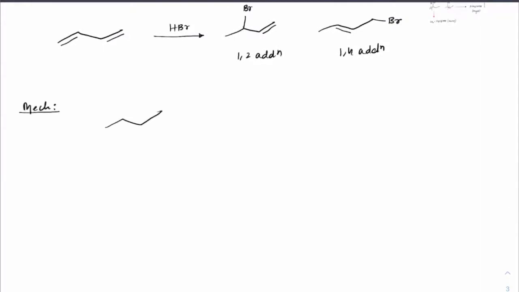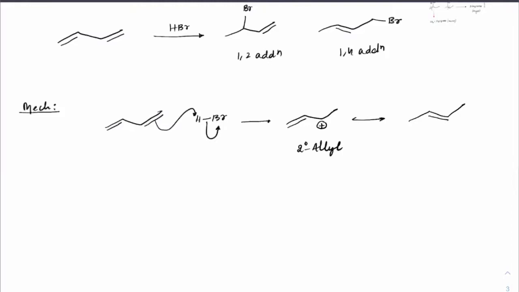In the mechanism, you'll observe that first H+ will get added here, and Br- will leave, creating a carbocation following Markovnikov's rule, because it becomes a more stable carbocation. So this is a second degree allyl, which will show resonance stabilization also, giving a conjugated structure like this with the carbocation.